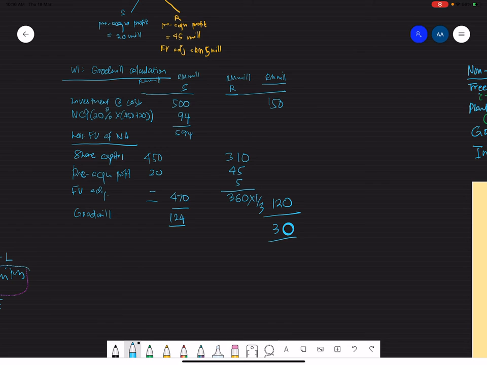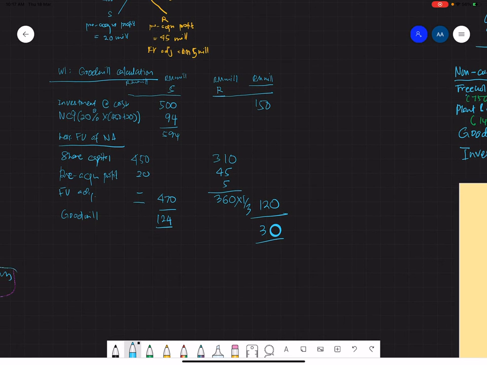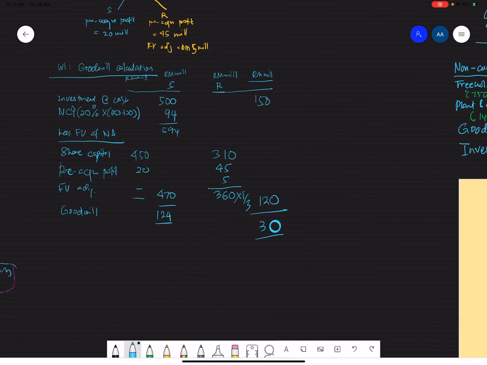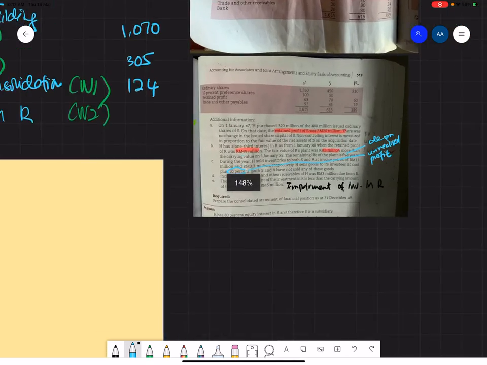Okay, so if you look at the question, there is impairment of goodwill. Impairment of goodwill by 6 million.